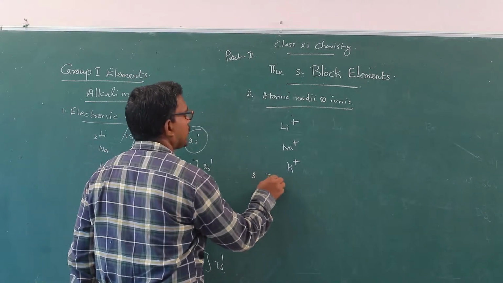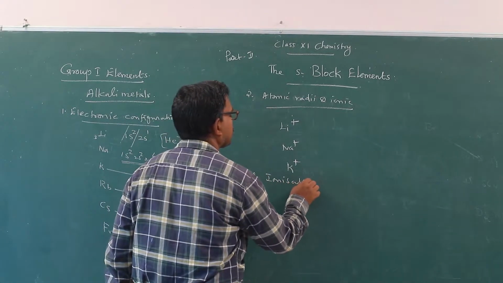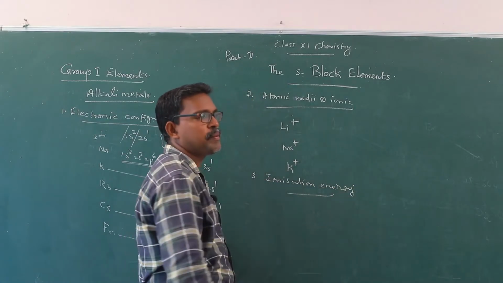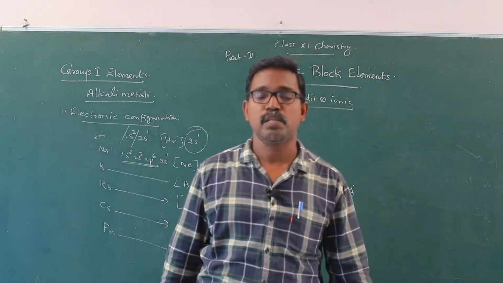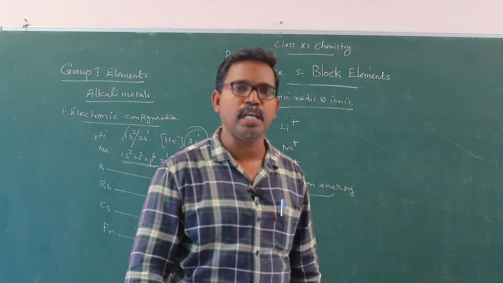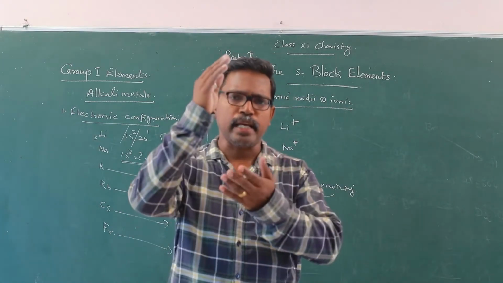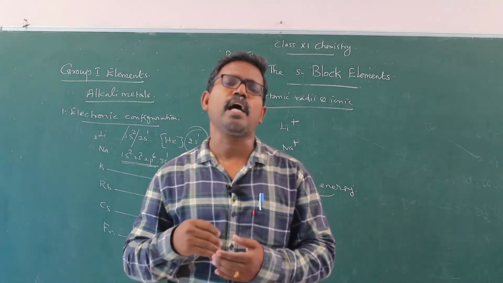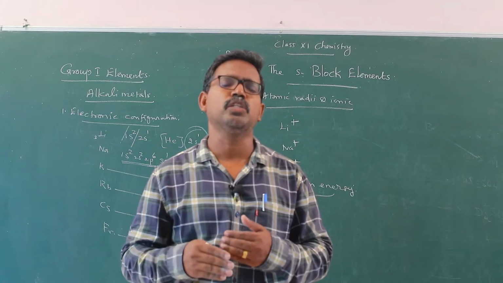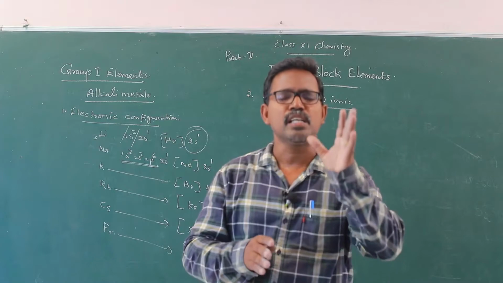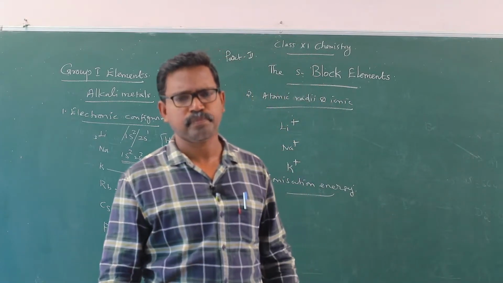The third point is ionization energy. What is ionization energy? The amount of energy required to remove the most loosely bound electron from an isolated atom in the gaseous state. With only one electron in the valence shell, the atom has a greater tendency to lose it and attain a stable configuration.